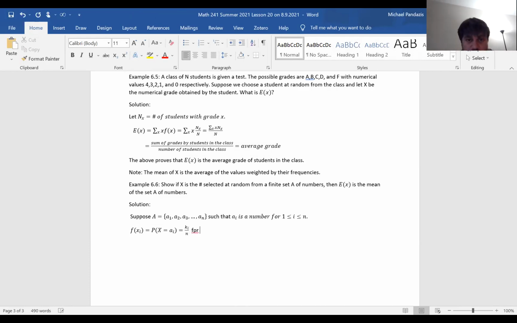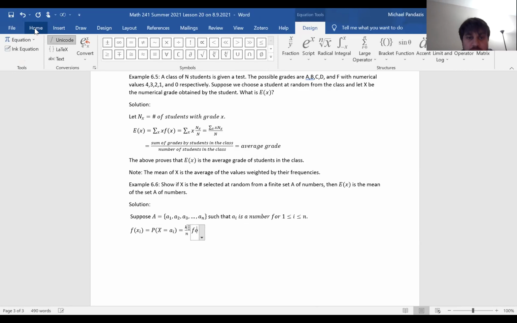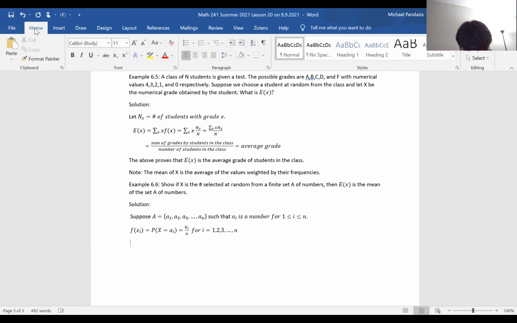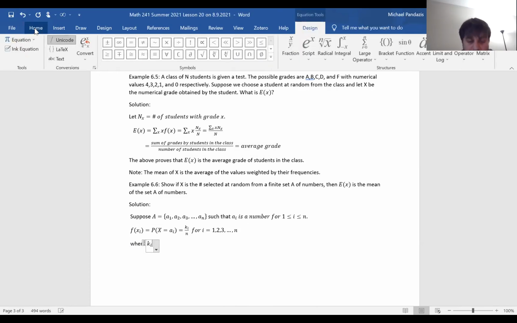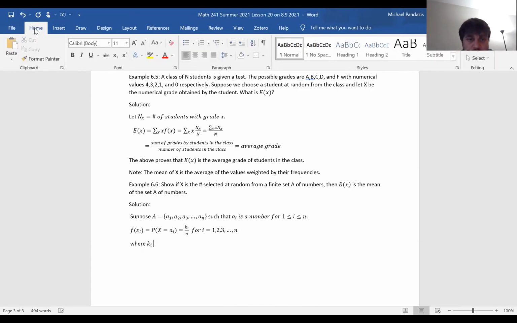This is for i equals 1, 2, 3, up to and including little n, where k sub i equals the number of elements in capital A equal to a sub i.